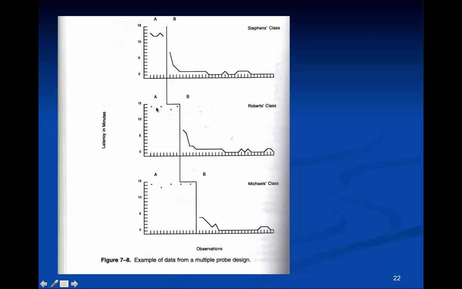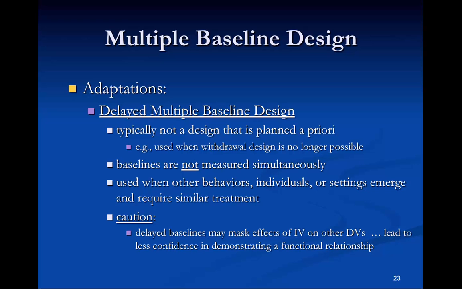And instead of collecting the data every day, which is time consuming, here they're just probing it to demonstrate, oh yeah, look, there is no change when we introduce that. So that's a cool way that you might see people using multiple baseline designs in a more functional way.